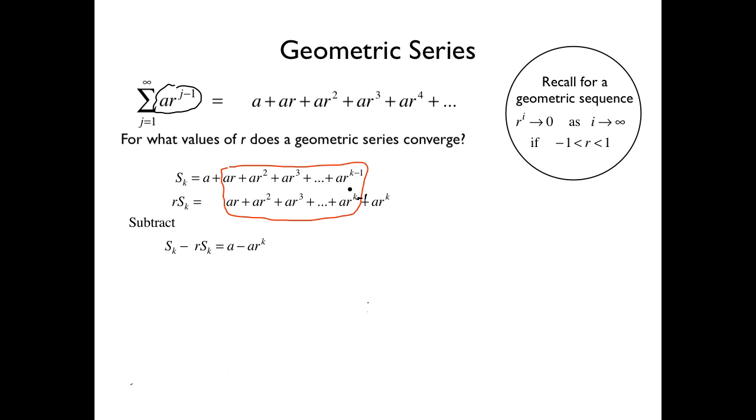So what does r to the k minus 1 mean? Like our quiz, what does it mean? R to the k minus 1 means multiply r together k minus 1 times. So now if I multiply it by one more r, how many r's do I have multiplied together?